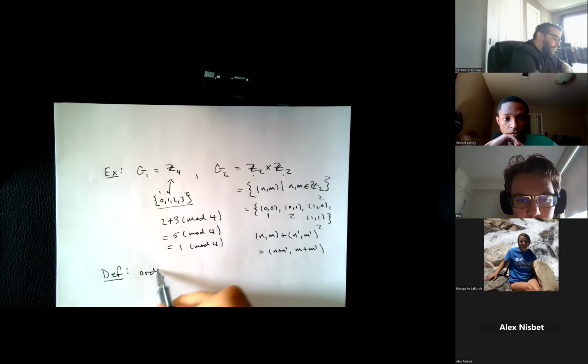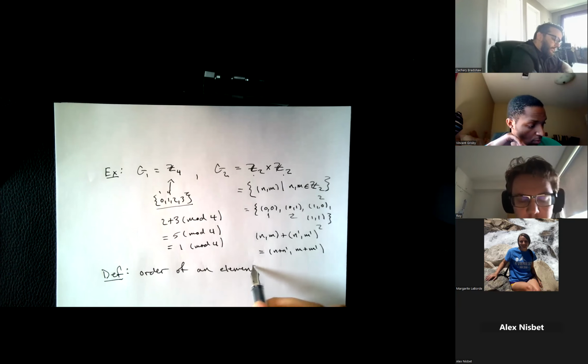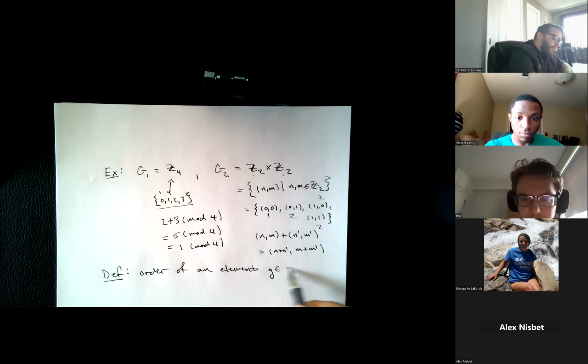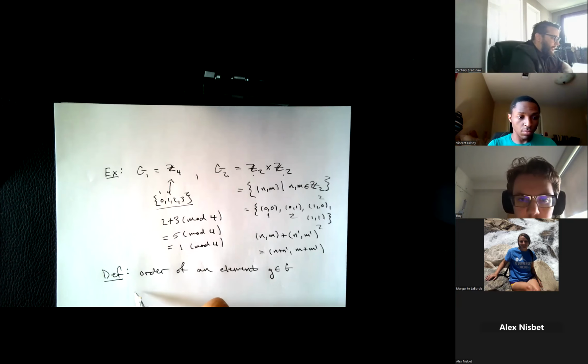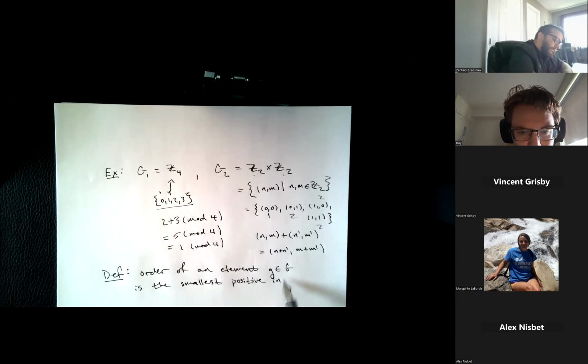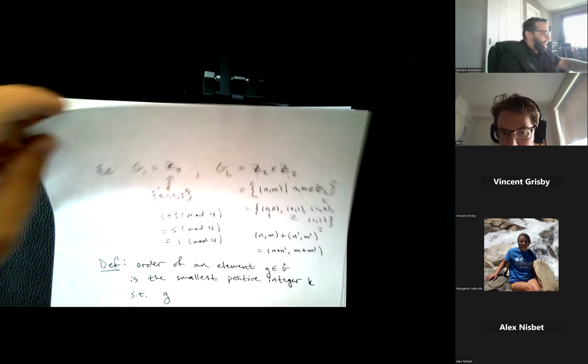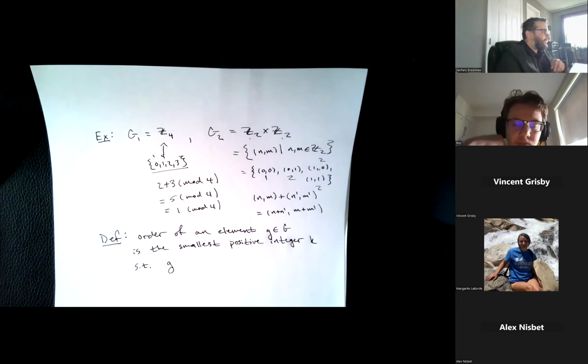The order of an element g of a group G is the smallest positive integer, let's call it k, such that... what's the way to write this with that star notation?